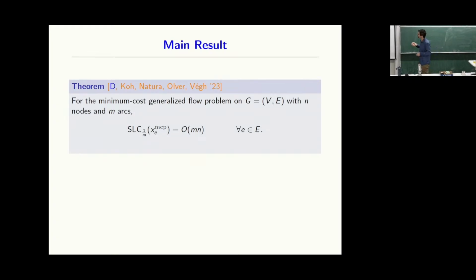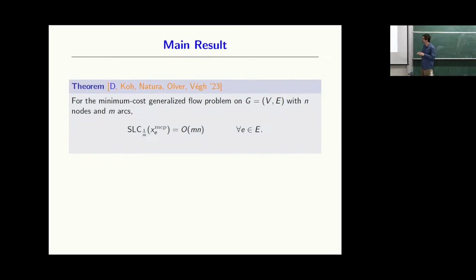Good. So that was a previous paper where we designed this interior point method whose number of iterations can be controlled by straight line complexity. And the main thing that we did in this paper is actually show that this number is small if you're looking at minimum cost generalized flow.